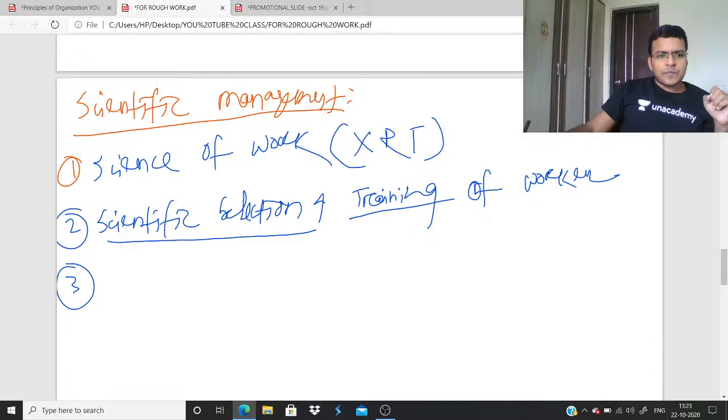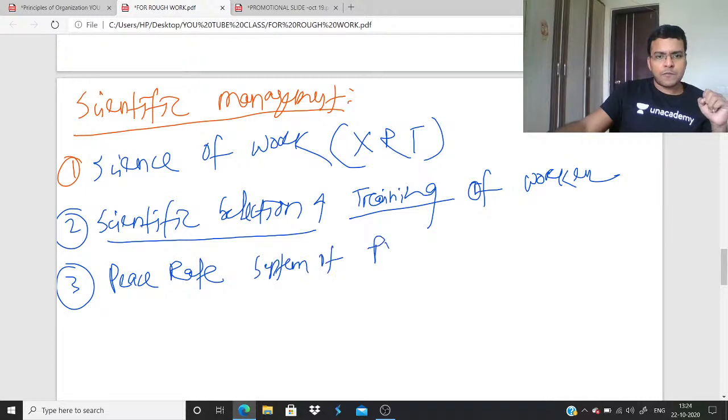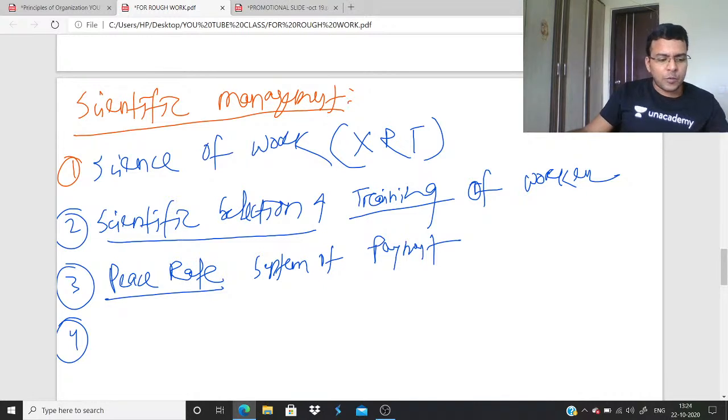Next is piece rate system of payment. Piece rate system of payment means you give the employee pay for whatever work he does. Scientific selection, yes, Pushpanjali, means your selection should be up to the mark. You will not select on the basis of your own wish. That means an employee should fulfill some criteria to work.